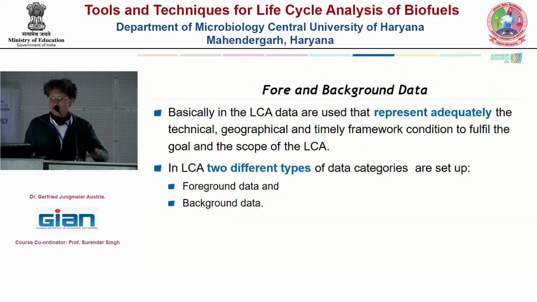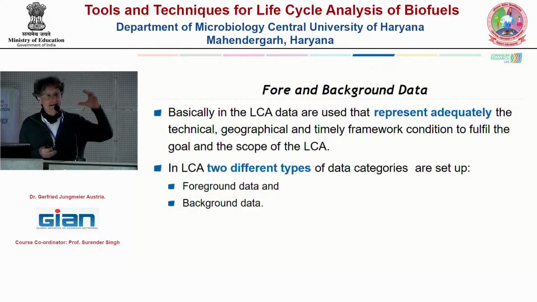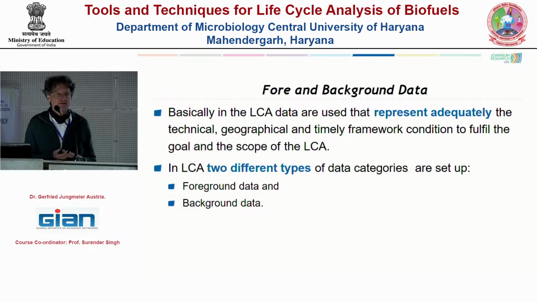Yesterday already, Professor Singh mentioned the foreground and background data. At least the main difference is the foreground data, at least in these unit processes you do specifically analyze in your LCA. They need mainly foreground data. They are project specific. At least you know the details of a certain pretreatment for ethanol.